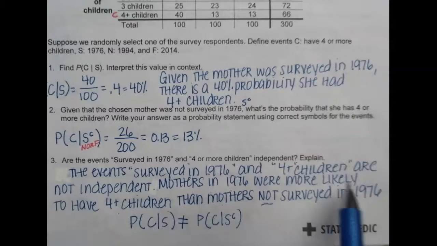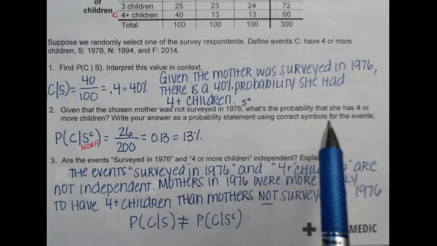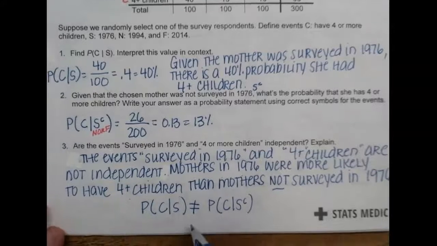Okay, that was my explanation. You could have said mothers not in 1976 were more likely to have fewer children. Some way of indicating the relationship is based off of when the survey occurred. And then I went ahead and used this symbology because if they were equal, they're independent. So I put a not equal, so that makes them not independent.